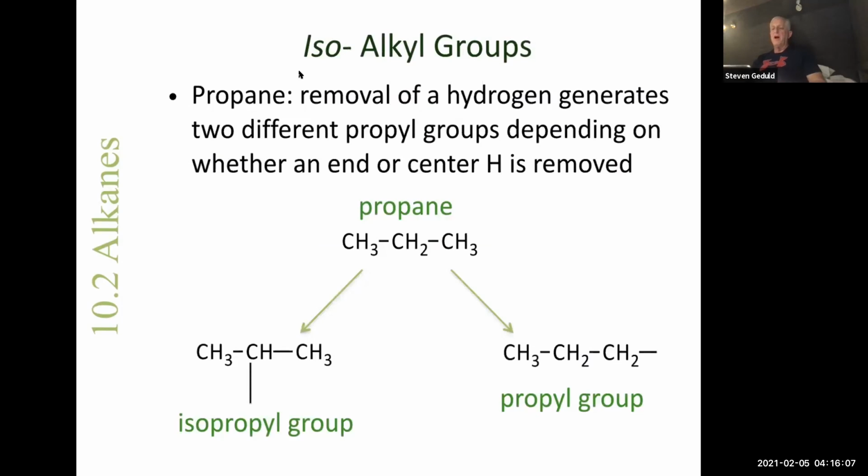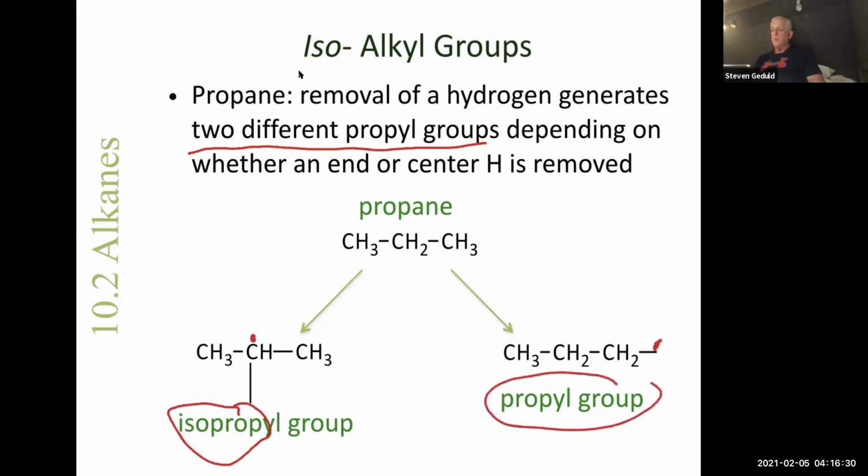Okay, we can have isoalkyl groups. Like in propane, if you remove the hydrogen, you can do it from 2 different positions, depending where it is, either from the end or from the middle. If we remove the hydrogen from the middle carbon, it's going to attach in the isopropyl position. It'll be isopropyl. Okay, if we remove the hydrogen from the end, it's just going to be a propyl group.